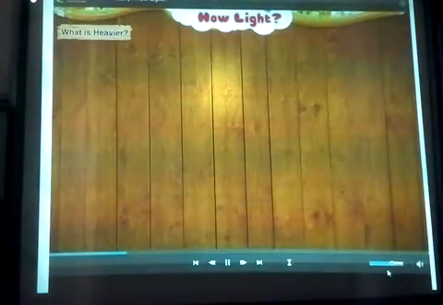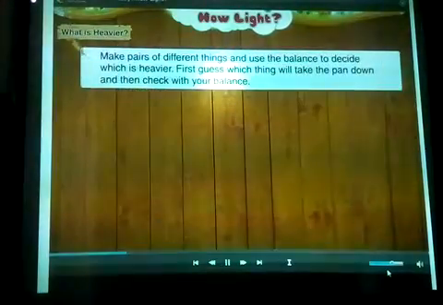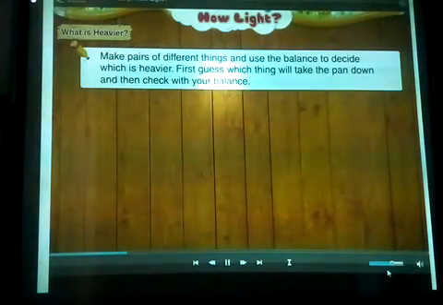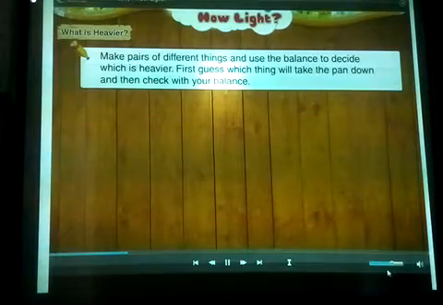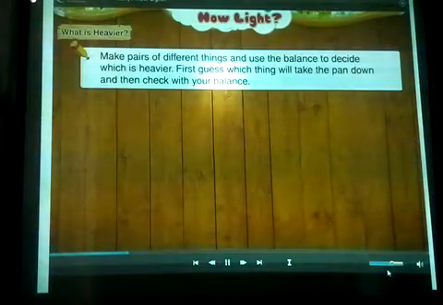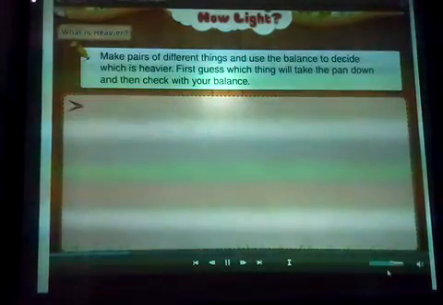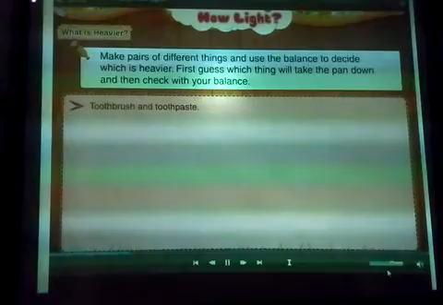What is heavier? Make pairs of different things and use the balance to decide which is heavier. First, guess which things will take the pan down and then check with your balance. For example, toothbrush and toothpaste.